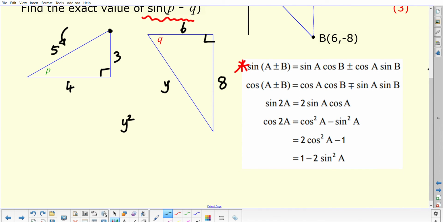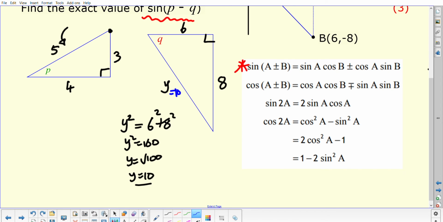If you've used x in the first triangle, use y there. So you'd have y squared equals, it's the hypotenuse you're trying to work out. So it'd be 6 squared add 8 squared, that's 100. Therefore y is the square root of 100. So y would be equal to 10. So that side of your triangle you now know is equal to 10.